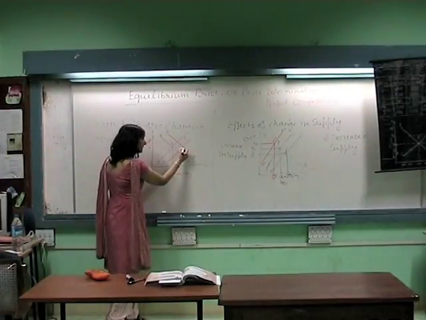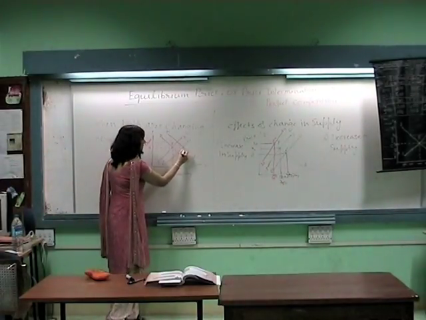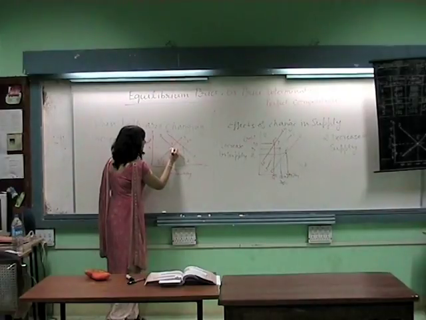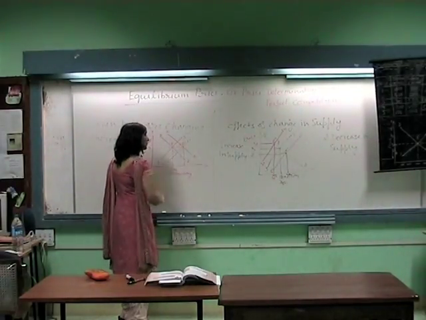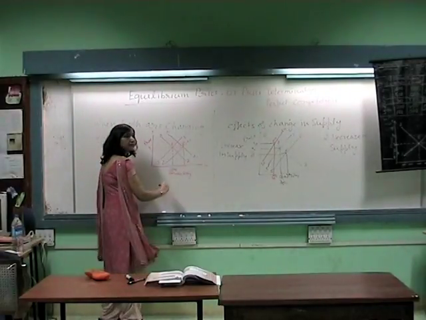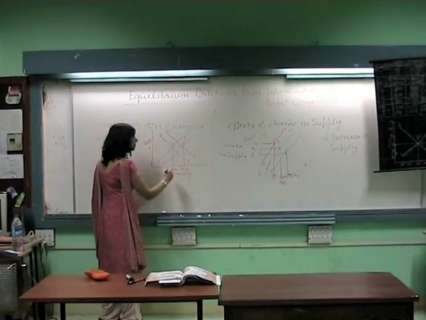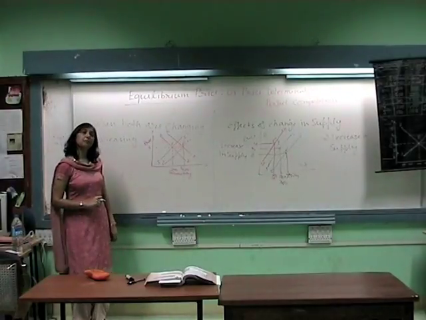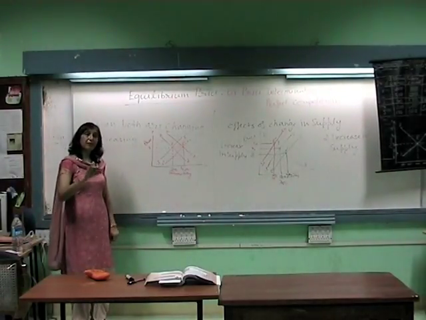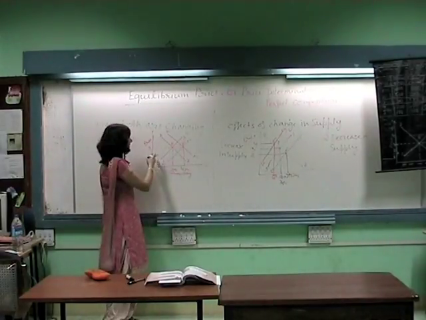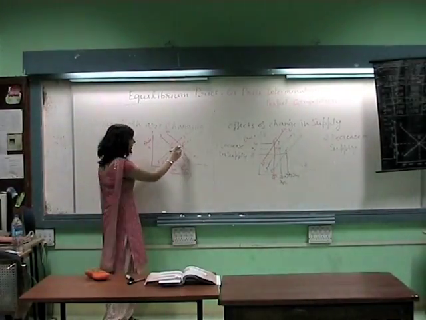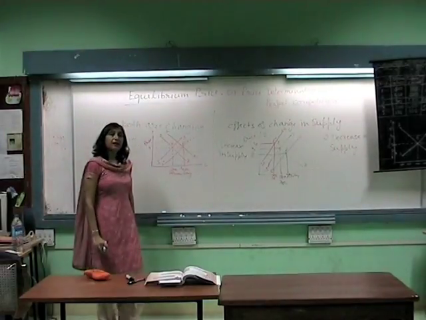So it is intersecting here. What happens to the equilibrium level? Equilibrium level is the same level. Price remains constant and equilibrium quantity increases.